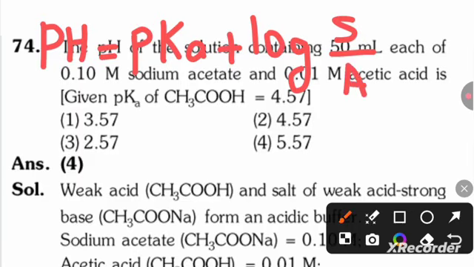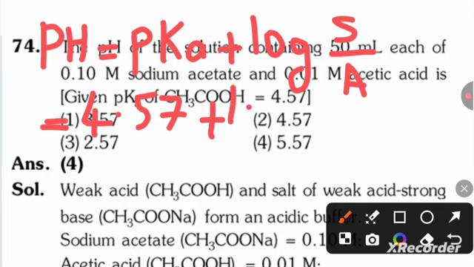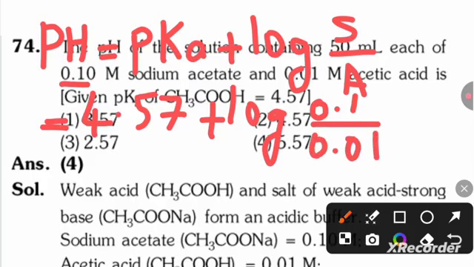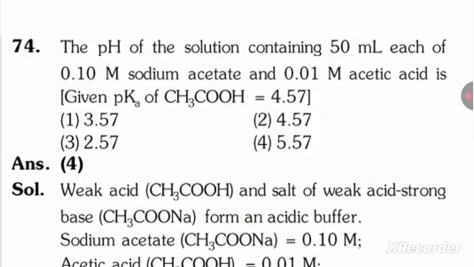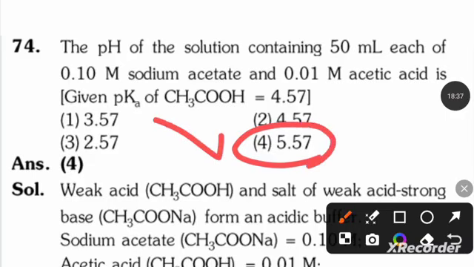The pKa value of acetic acid is given as 4.57, plus log of salt, sodium acetate concentration 0.1, and acetic acid concentration 0.01. When you divide this, you will get log 10, and log 10 value is 1. When you add this to 4.57, you will get the answer 5.57.